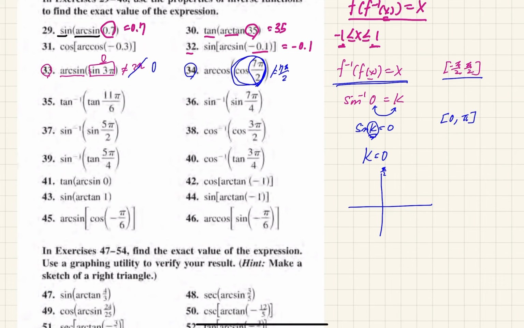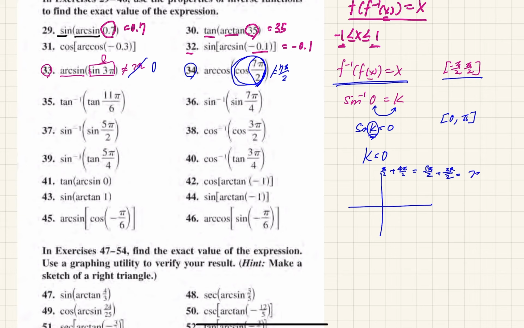What is pi over 2 plus 2 pi, which is a coterminal angle? 2 pi is like 4 pi over 2, right? So pi over 2 plus 4 pi over 2 is 5 pi over 2, right? And what if you add one more pi? 2 pi over 2 is pi, right?